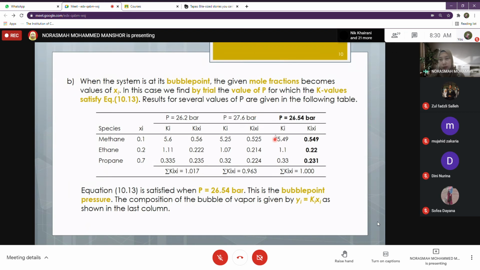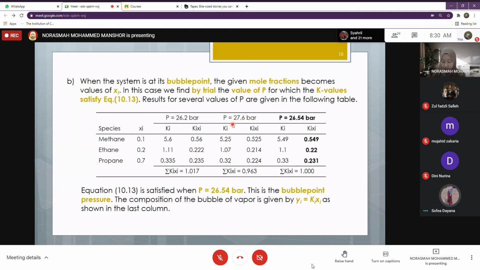So you try another value of P and get 27.6 bar, with summation 0.963, which is less than 1. Or once you have a summation more than 1 and a summation less than 1, you can interpolate between these two P. Understand?